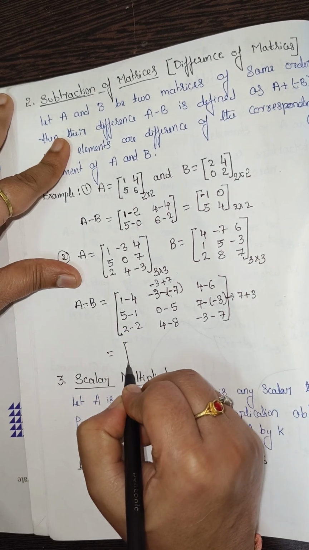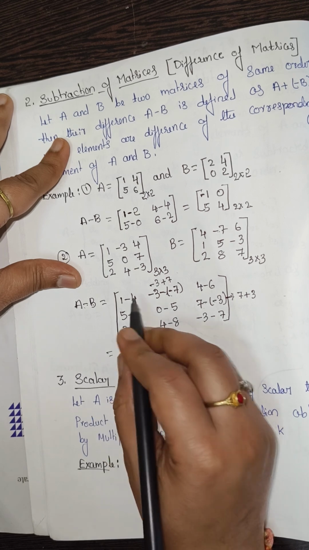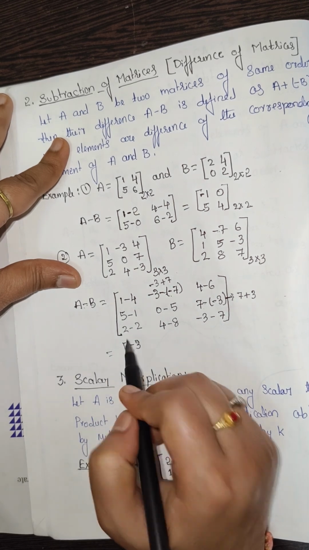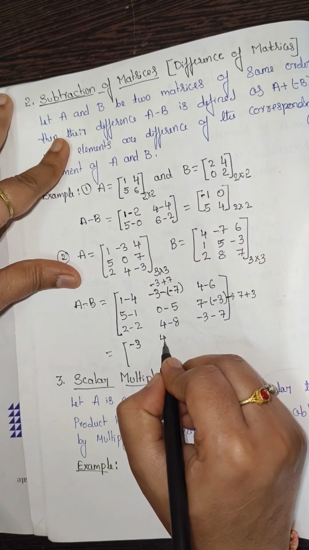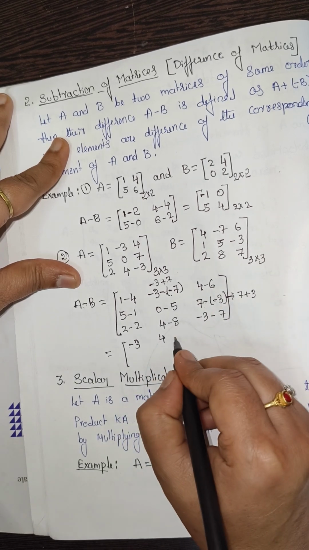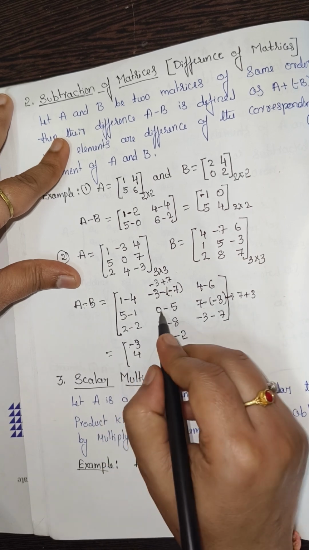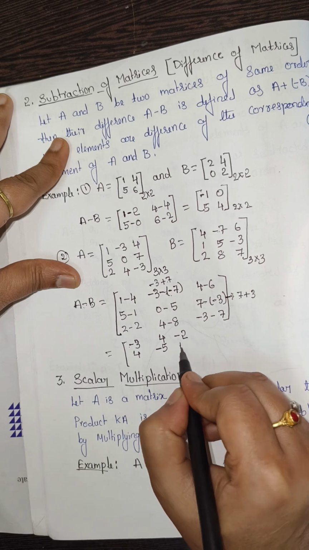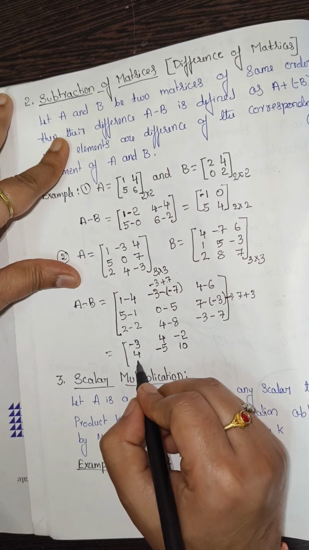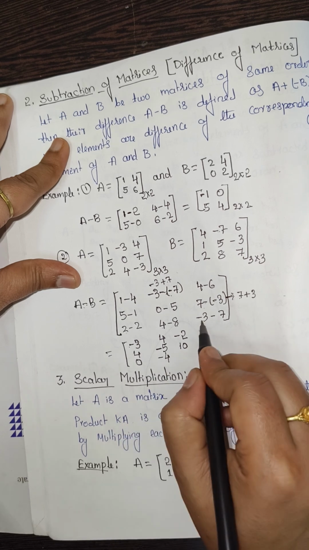1 minus 4 is minus 3. Because 4 is greater, you should take the greater number's sign only, so it's minus 3. Minus 3 plus 7 is plus 4. 4 minus 6 is minus 2. 5 minus 1 is 4. 0 minus 5 is minus 5. 7 plus 3 is 10. 2 minus 2 is 0. 4 minus 8 is minus 4.